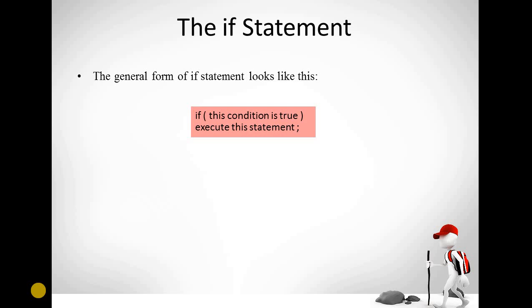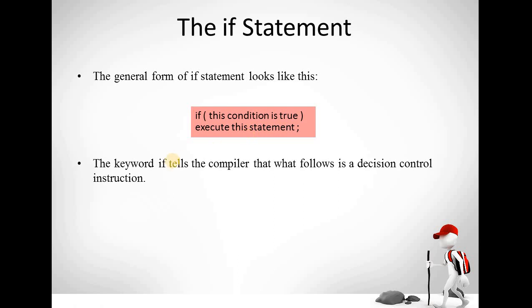So this is the syntax of the if statement. There is one keyword, that is if, and after that there is a round parenthesis, and in this we have written our condition. If this condition is true, then only this statement will be executed.